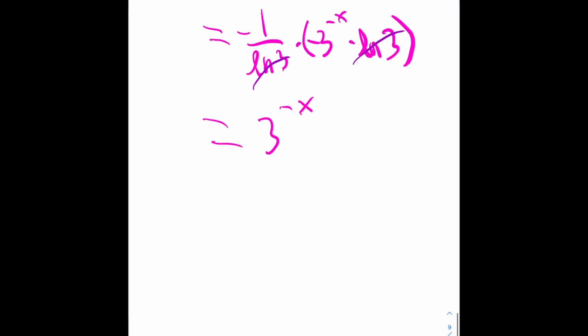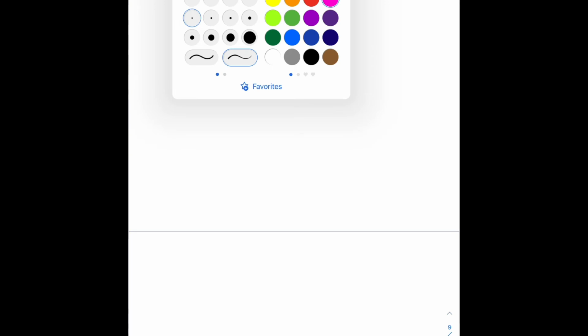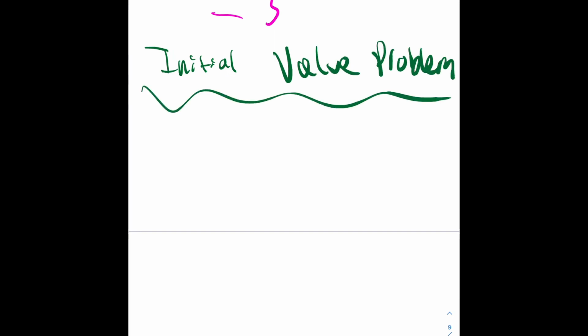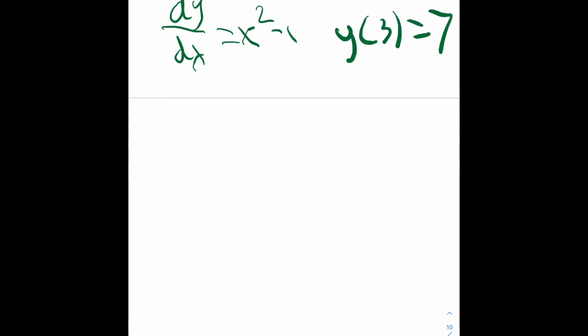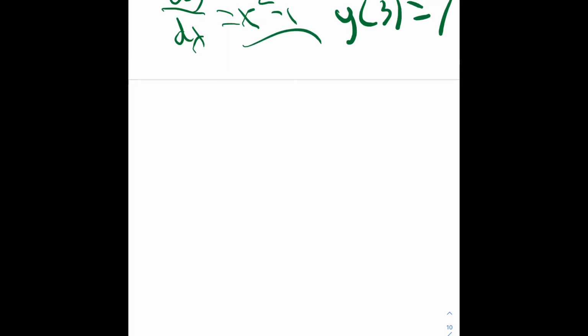We've also got this thing called initial value problems. So if I look at the function, dy dx equals x squared minus 1, and I know that at y of 3 it equals 7. The general antiderivative, so first I'm going to try to determine what's the antiderivative of x squared minus 1.